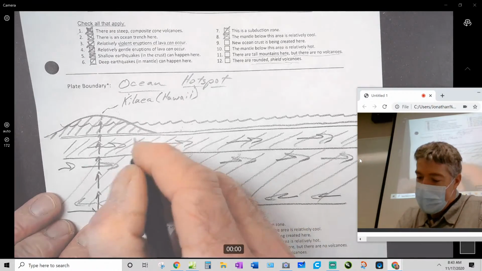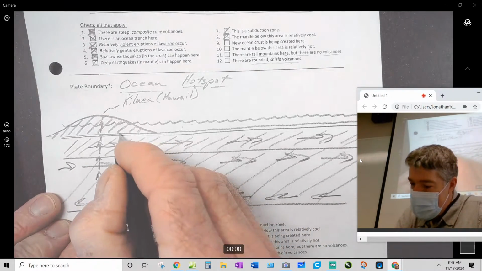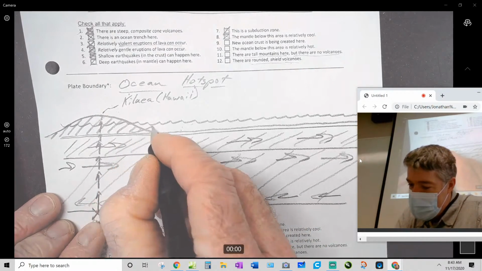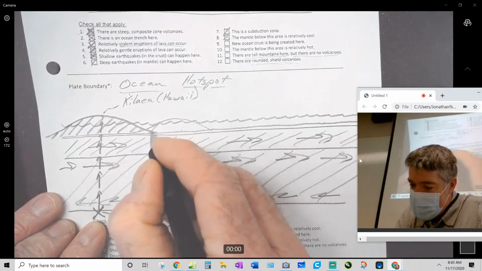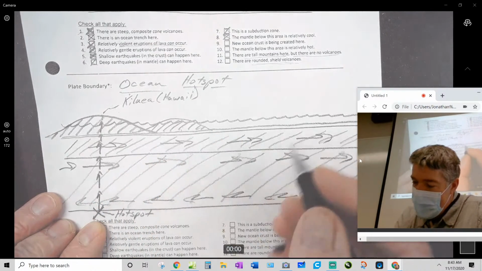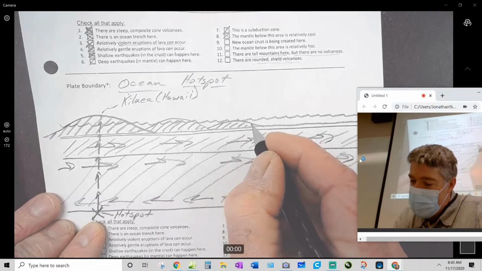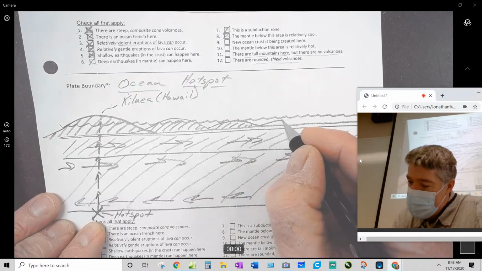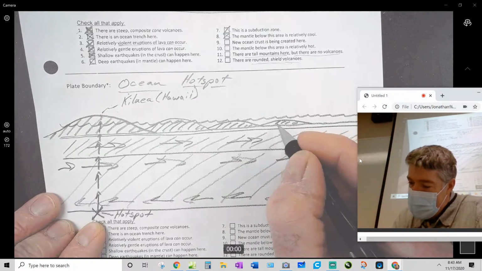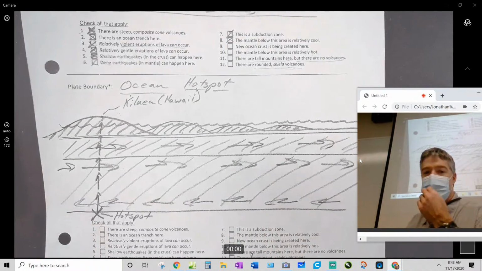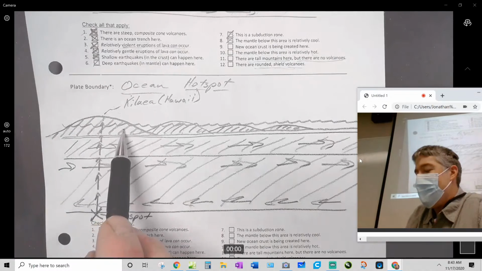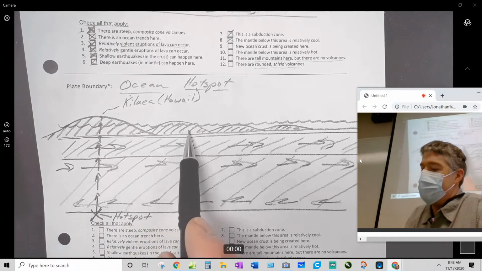It's going to shrink. So in a few million years, this volcano is going to be here, and it's going to be smaller. And then a few million years later, it's going to be there. And a few million years later, it's going to be there. So what we have in Hawaii is a chain of volcanic islands.